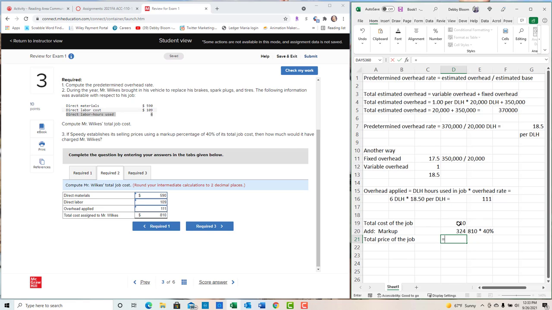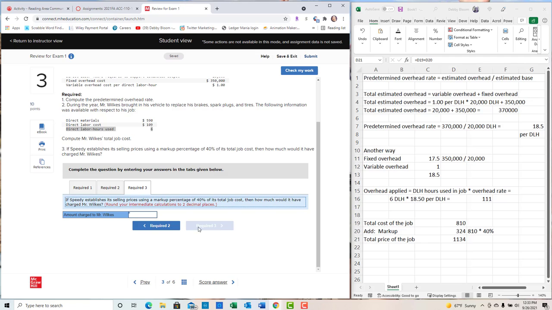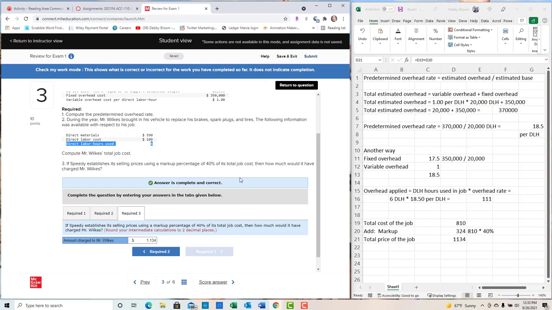So if we take the cost of the job and add the markup, we get to the total price of the job. We're going to charge the customer $1,134. So the amount charged to Mr. Wilkes, $1,134. Check my work. And we're done with problem 3.